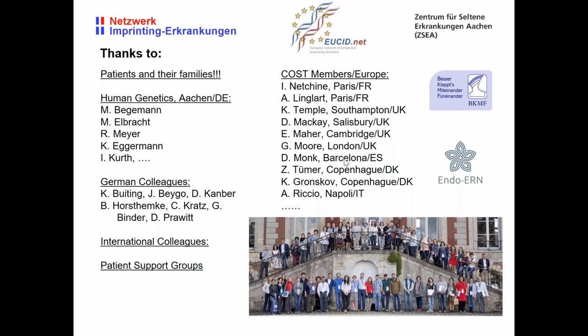Here in Germany, for example, we have private labs and university labs which perform the first-line testing, but in case you identify patients with epimutations or other rare molecular disturbances, then it might be very useful to send these samples or these patients to expert labs. You can identify them in our network, for example, or on the national level. Otherwise, you can contact Irene Nechin, Karen Temple, and other members of our former imprinting network. You can ask us to give you information on expert labs in your country.